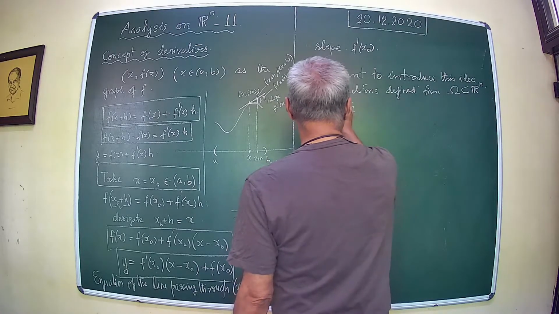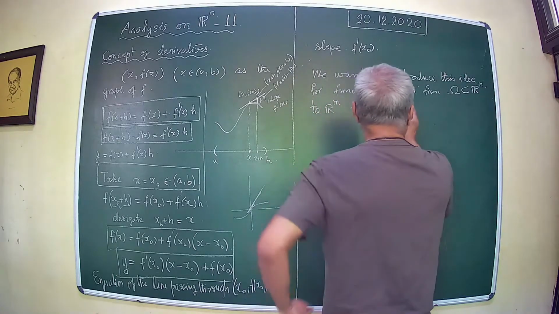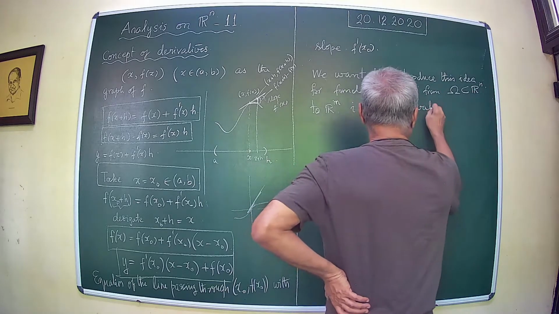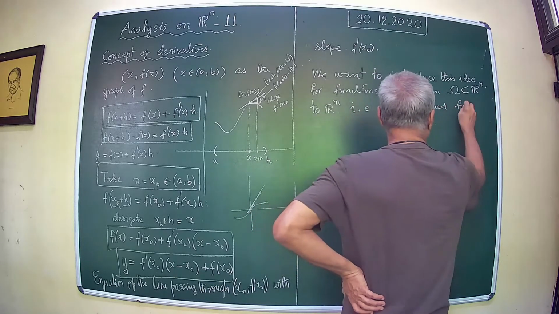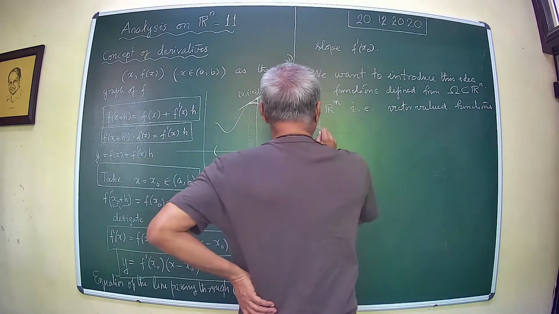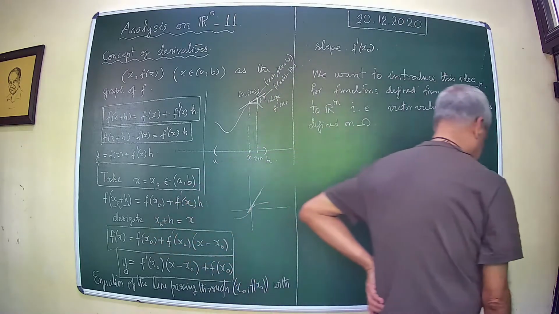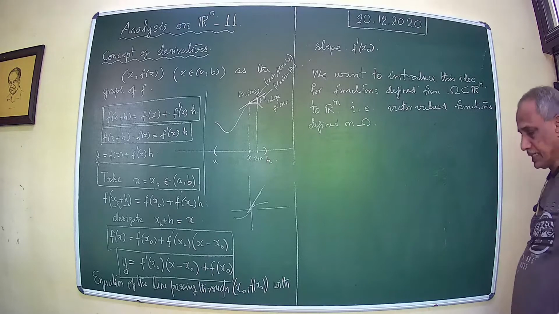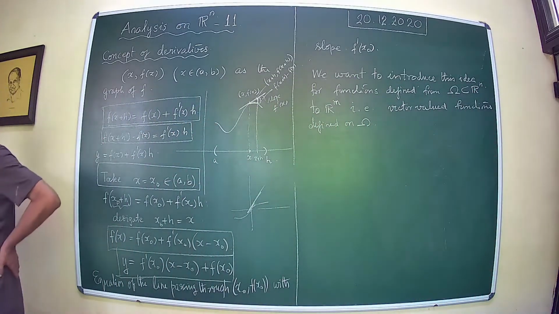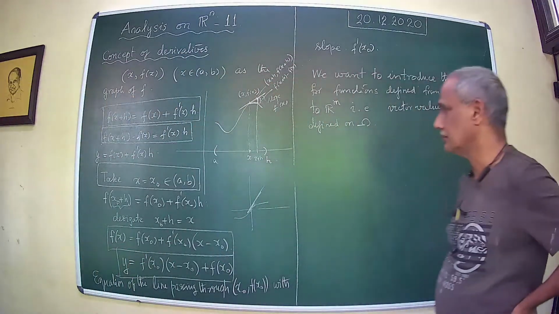That is, vector valued functions defined on omega. Suppose x naught is a point in omega. How do you attribute a meaning to this?